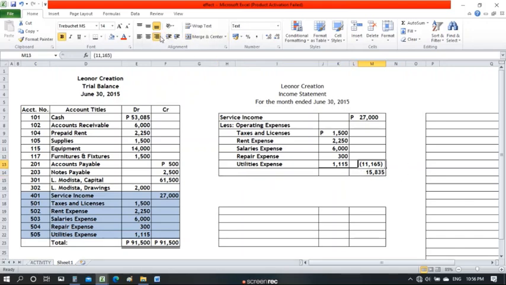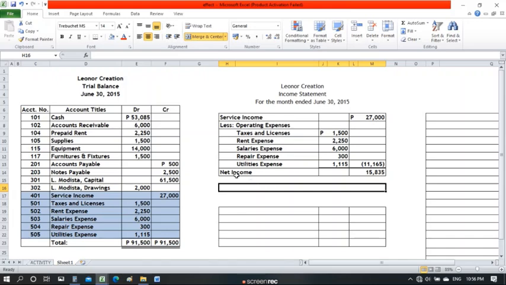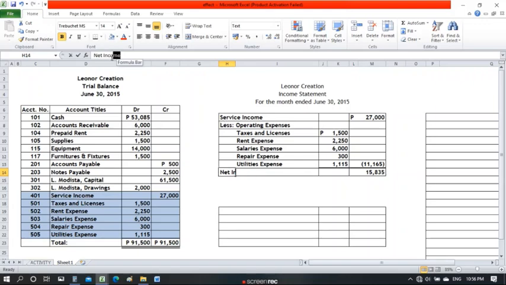So that amount is positive. So meaning this is a net income. Meaning from the month of June, you gain an income, you earn 15,835. So from the 27,000 less all expenses, you have 15,835 income. If this amount is negative, you need to put up open and close parentheses, not a negative sign, and then that amount is net loss.